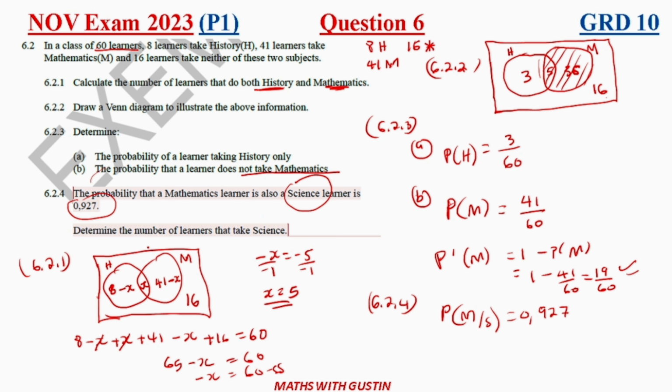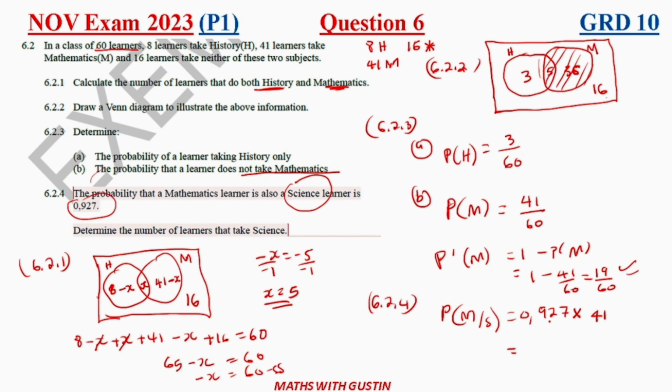The question says determine the number of learners that take science. So if this is the probability that a learner doing mathematics also does science, you just have to multiply this probability by the number of learners that are doing maths. Because we know the number of learners doing maths is 41.